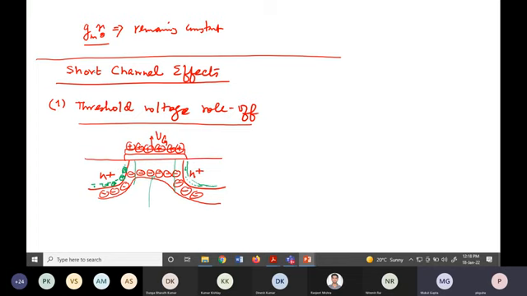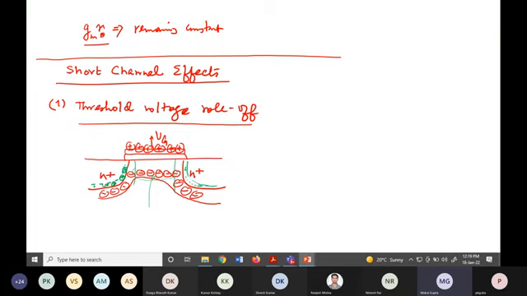Whereas when you are talking about short channel, tiny MOSFETs, this is an appreciable amount compared to what is present here under the gate. So in other words, the gate now needs to form an image of a lower number of immobile ions. So we need to apply a lower voltage to form the channel.